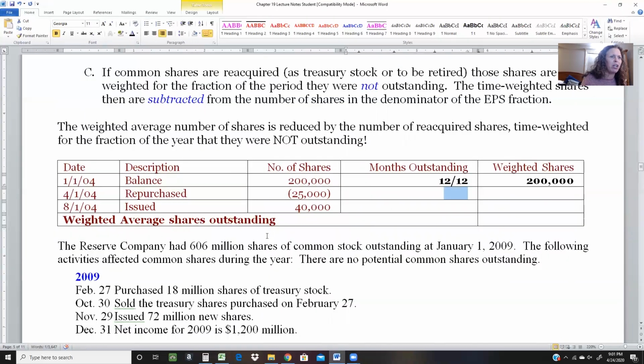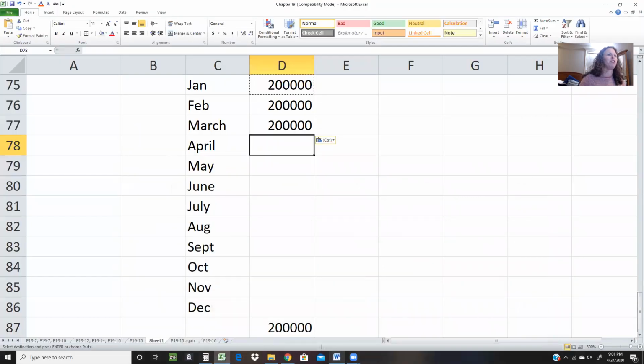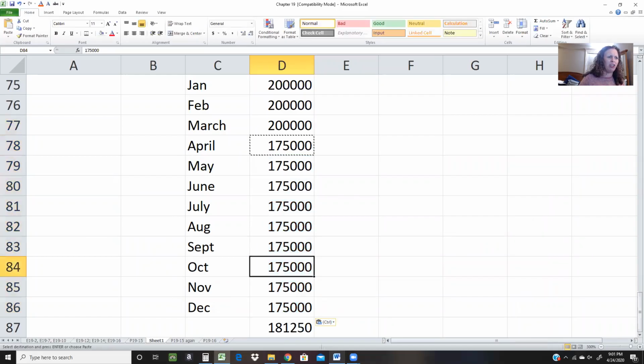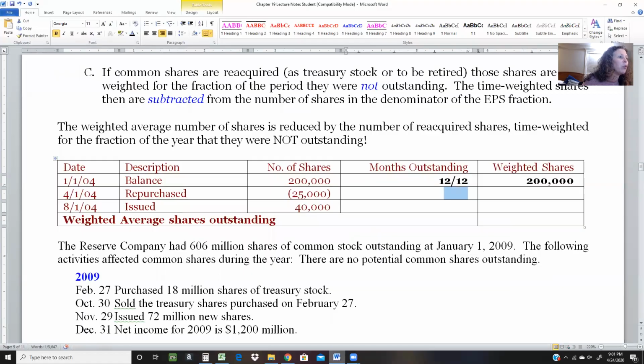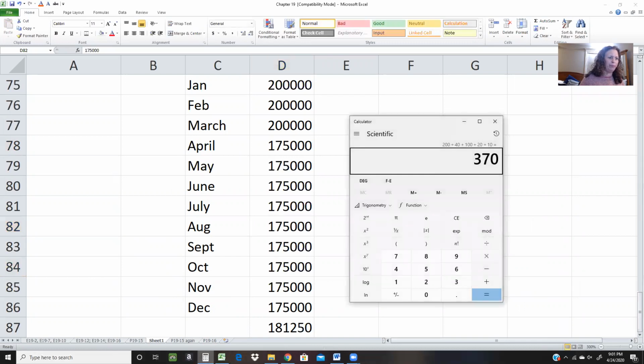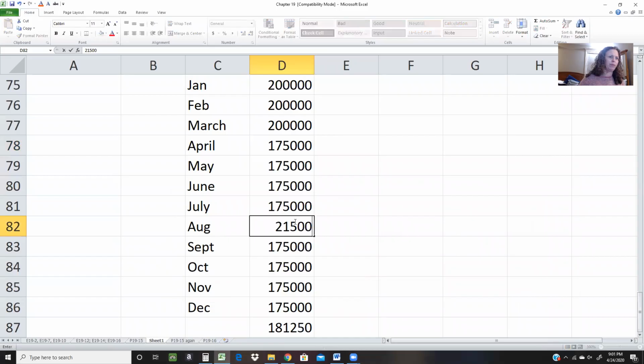Okay, so back over here. April 1, 25,000 shares would be removed. So now we do 175 for the rest of the time, right? But on August 1, we're going to dump 40,000 more in. So 175 plus 40, 215. So that should be our answer.